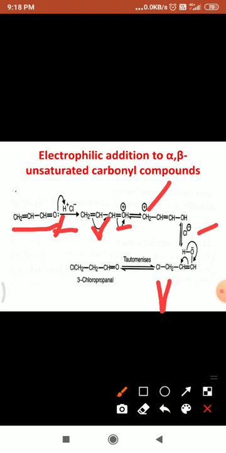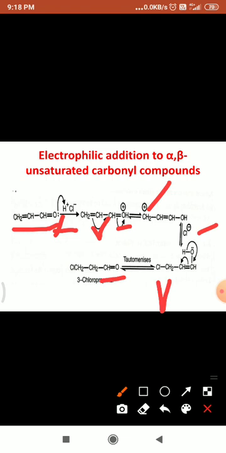And see here, again rearrangement takes place, and again the carbonyl group forms, that means tautomerism takes place, the enol group is again converted into carbonyl group. So 3-chloropropanol is formed in case of this alpha beta unsaturated compound.